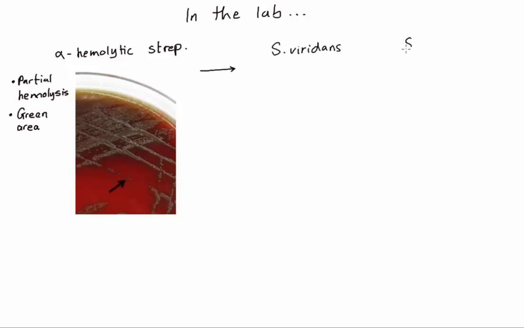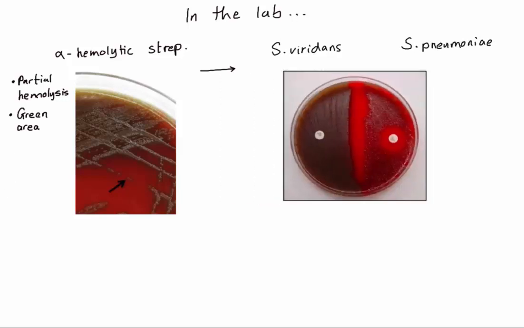And there are 2 tests we can do to differentiate between them. The first one is called the optochin test. Now optochin is a chemical, it's kind of like an antibiotic. And strep pneumonia is sensitive to this chemical. It kills strep pneumonia. So if you grow colonies, as you can see on the right are colonies of strep pneumonia, and they can't grow near the disc that has optochin in it.